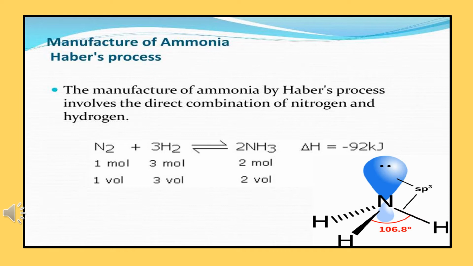Here 1 mole of nitrogen reacts with 3 moles of hydrogen to give 2 moles of ammonia. It's a reversible exothermic reaction, which is clearly known from the negative delta H value. Is it clear, students? It is a very important equation for the preparation of ammonia by Haber's process.